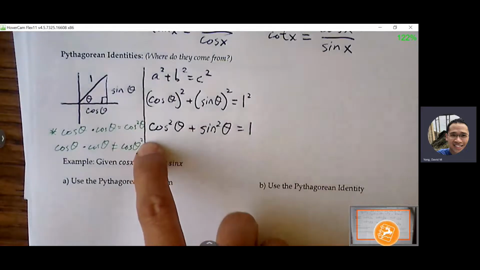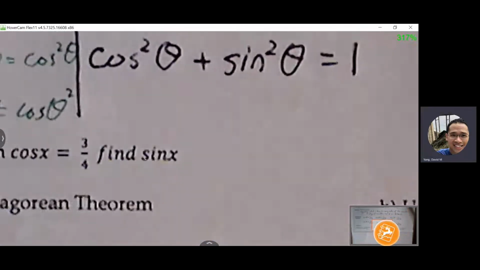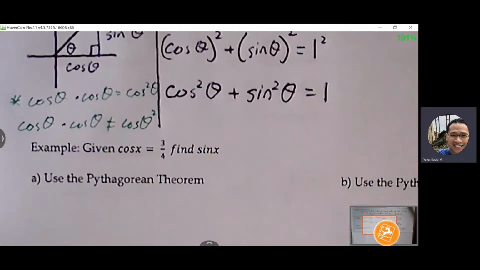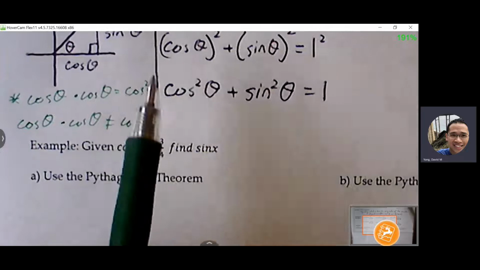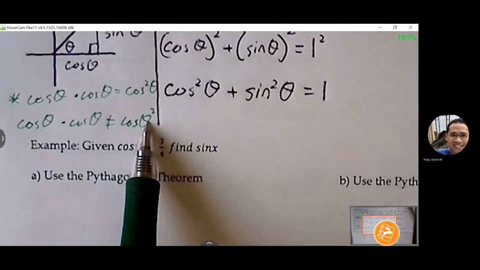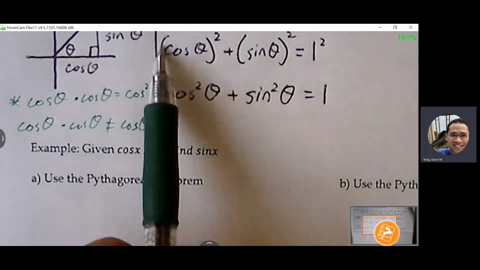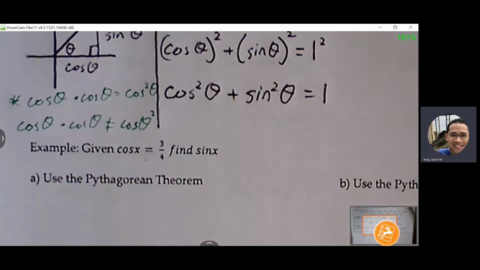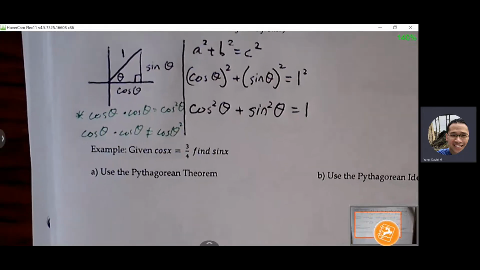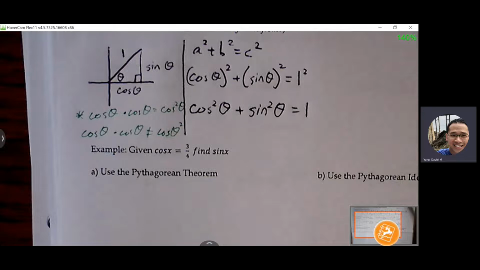That's something different. Okay, if you write it as cosine of theta squared, that means you're squaring the theta but not the cosine. So there's a distinct difference between this notation and this notation. This is a shorthand way of writing out, I want the entire expression squared. If I put that squared next to theta, that means I'm only squaring the theta inside that cosine function.